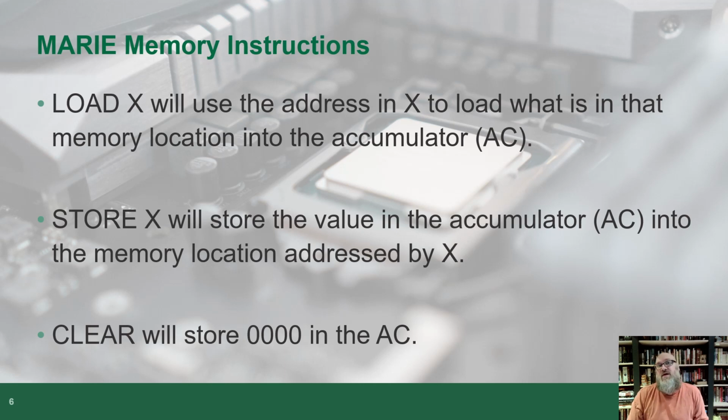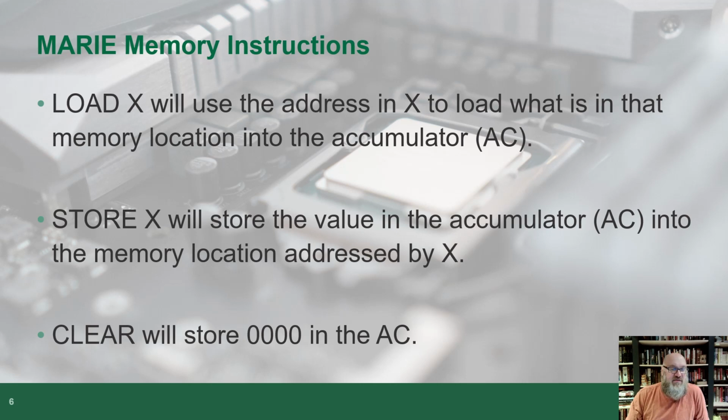Store is the opposite. We take what's in the accumulator and we load it into the address, which is interesting because in both of these cases we can load a whole word from those places because it's the address that's truncated. What's in the address is going to be a full word.